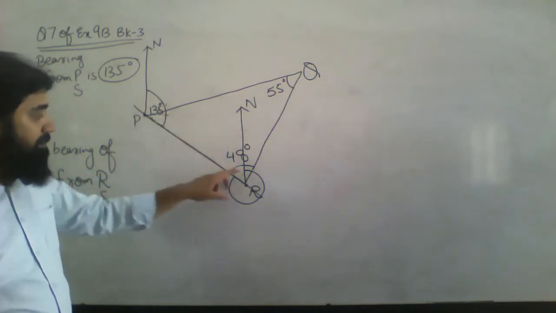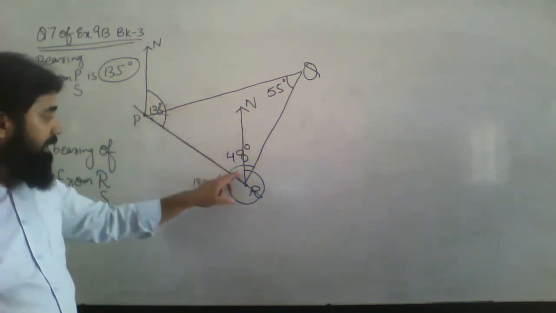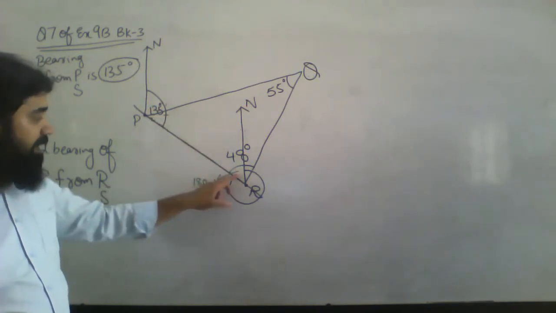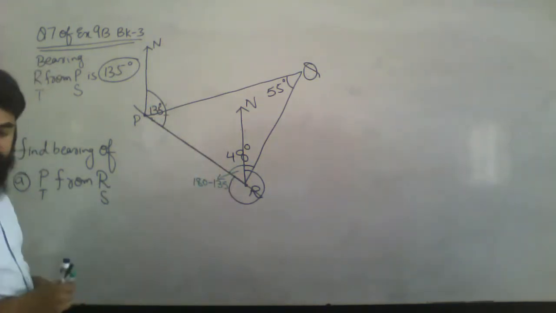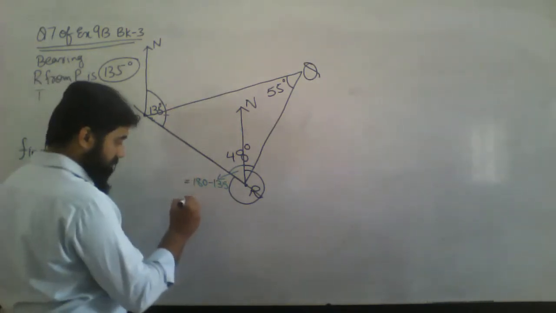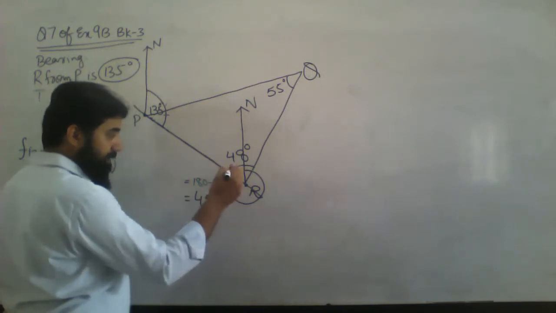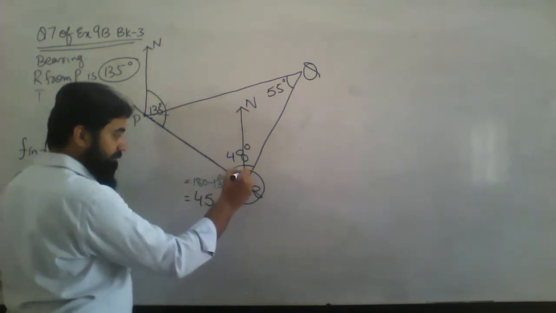So supplementary means the sum of these two will be 180. So out of 180, I am subtracting 135. I am going to get this result, which is coming 45 over here.